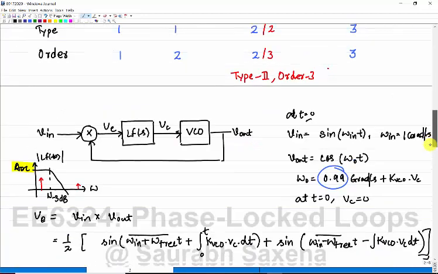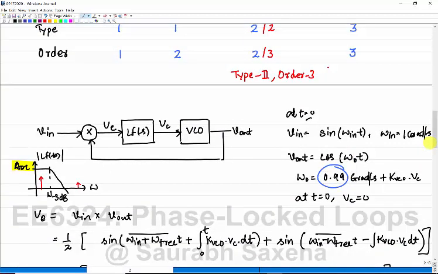Just for example, say my input frequency is 1 gigaradians per second, and the free running frequency of the oscillator is 10 megaradians per second.